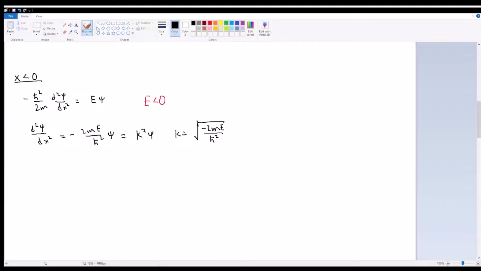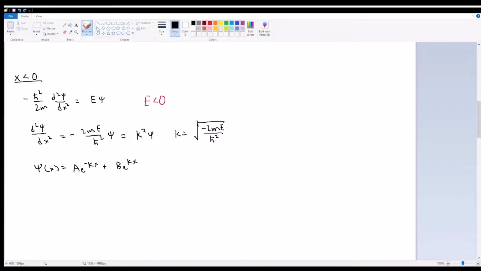The resulting solution for this is then, instead of a complex exponential or a sinusoid from before, just going to be a standard exponential. So the general solution is psi of x equals a e to the negative kx plus b e to the kx. Remember, this is in contrast to if energy was positive, because then there's going to be a negative k squared at the front, and k is going to be the positive square root of 2me over h bar squared.